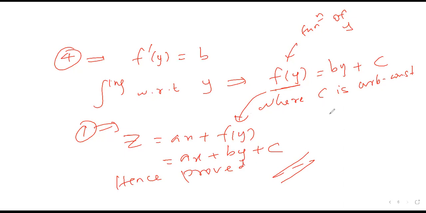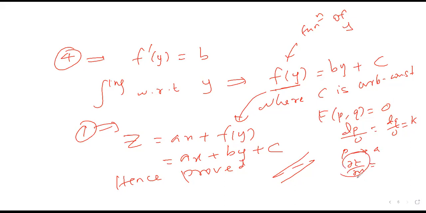So what we have done is, first of all, this is our equation p comma q. This is the only terms we have. So using the Charpit, we have found dp over 0, dq over 0 is equal to k. So from P, we take A and then we take ∂z over ∂x. If you're taking integration, you have to take ax plus one of the functions of y, if you are taking integration with respect to x.